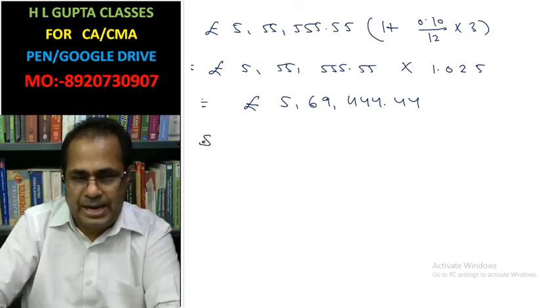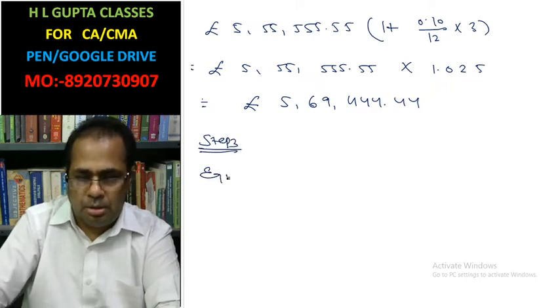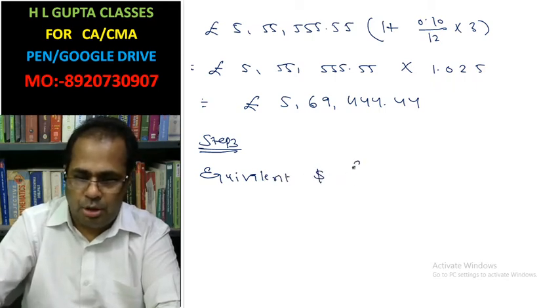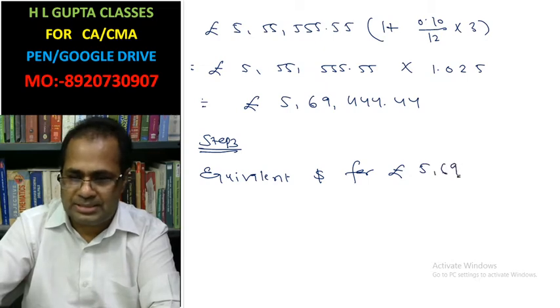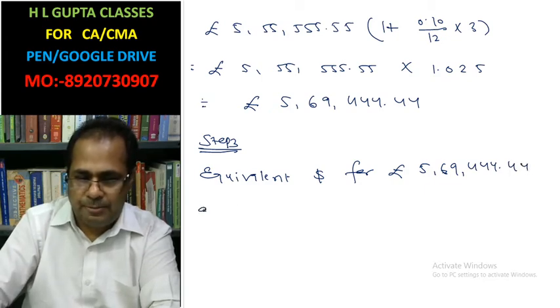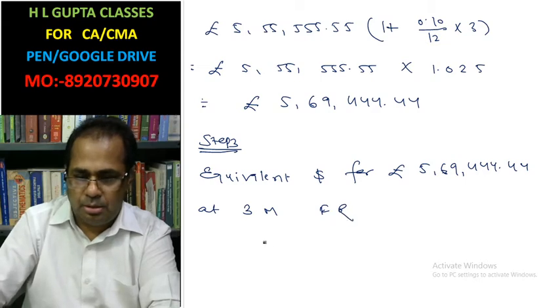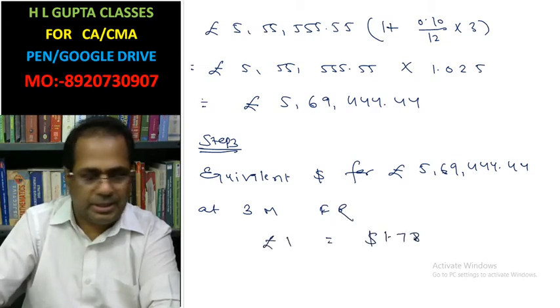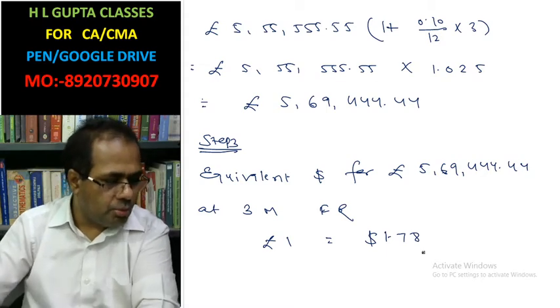Now step 3, equivalent dollar for pound 5,69,444.44 at 3-month forward rate. Pound 1 equal to dollar 1.78.